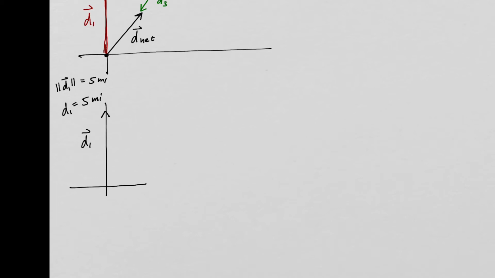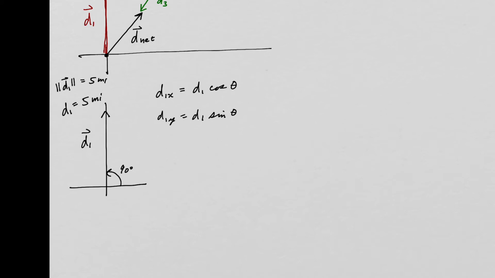So there's a couple of ways you guys could do this. You could say, well, this angle right here is 90 degrees. So I know in general that D1x has to equal D1 times cosine of the angle, and then D1y has to equal D1 times the sine of the angle.